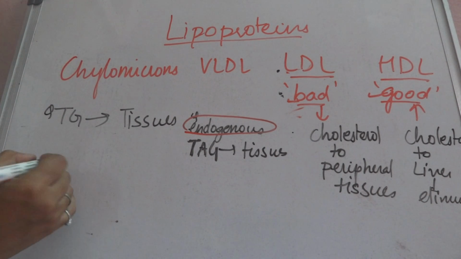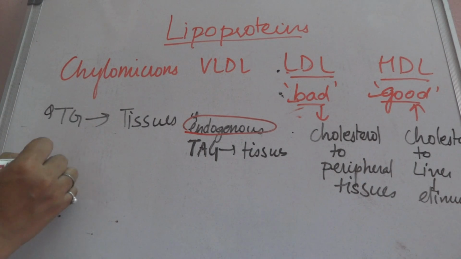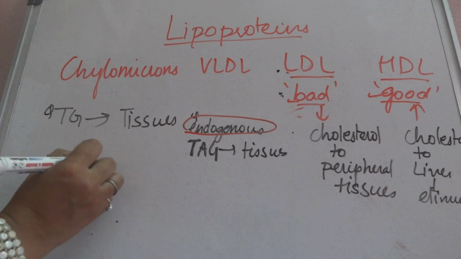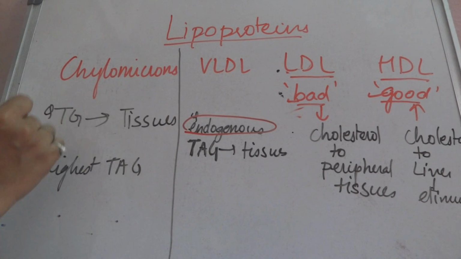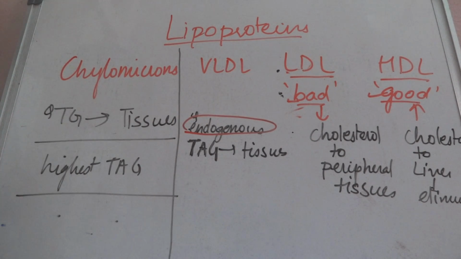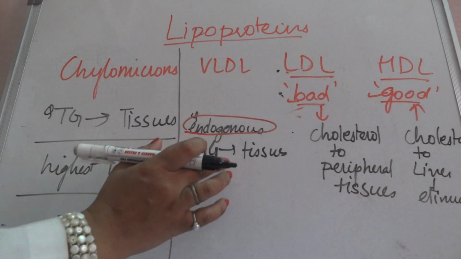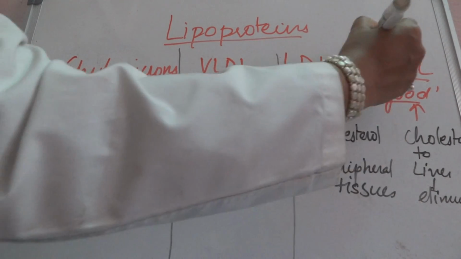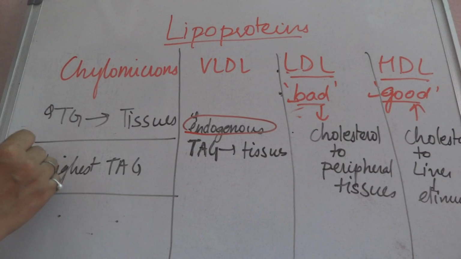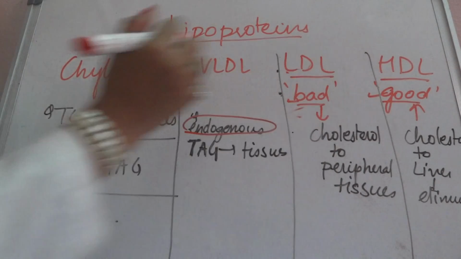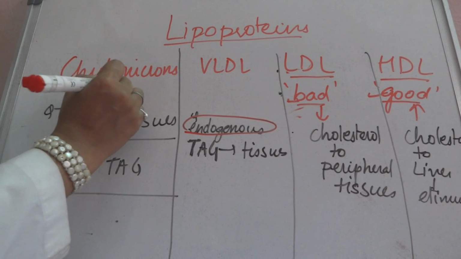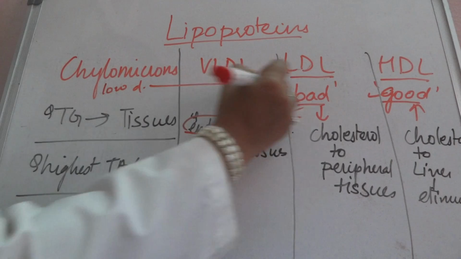Now coming to the other point, that this is highest triacylglycerol. Chylomicrons is highest triacylglycerol. VLDL, we have no specific point for VLDL like that, but we have to remember that the highest triacylglycerol is present in chylomicrons. Because chylomicrons and HDL, they are reverse, that is, there is low density to high density.